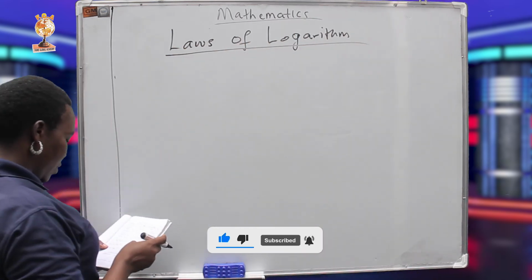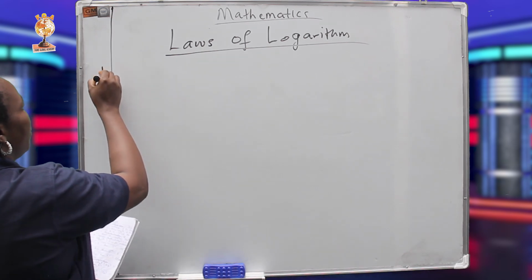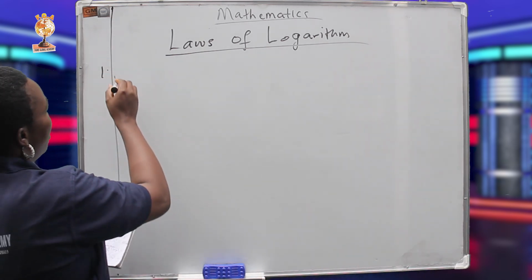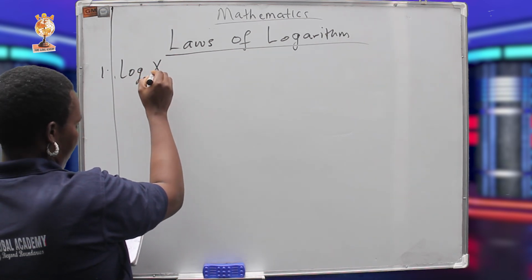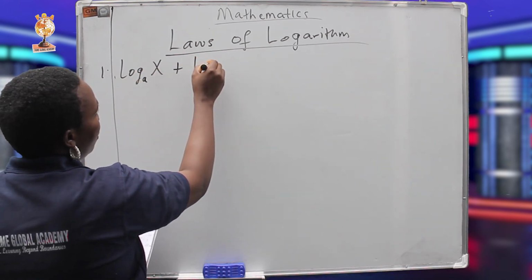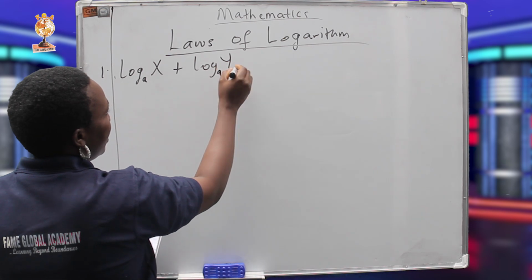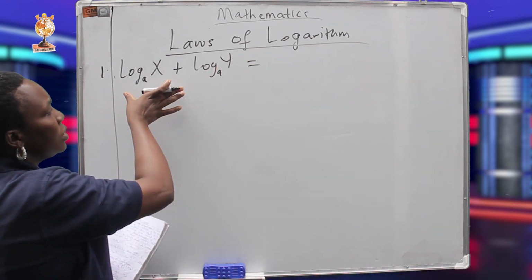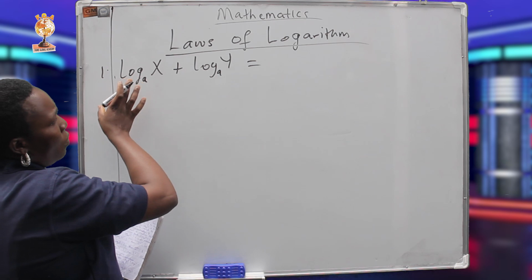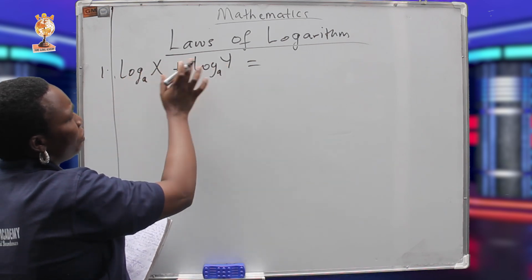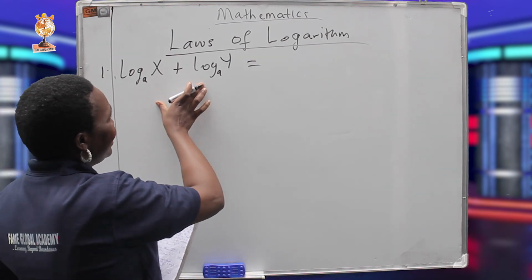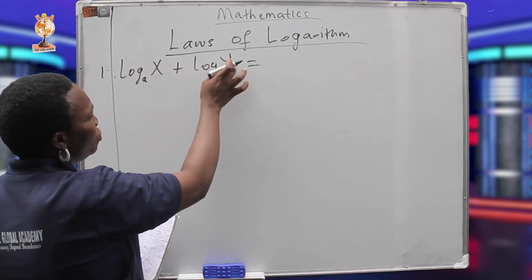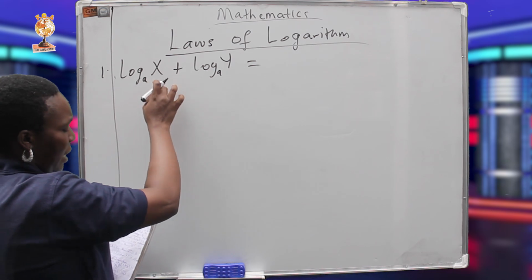Okay, so we have laws of logarithm. Number one, we have log x base a plus log y base a is equal to, okay, so this is called the addition law. When you have two different logarithms having the same base and it is addition, the answer is to multiply the two logarithms with the same base.